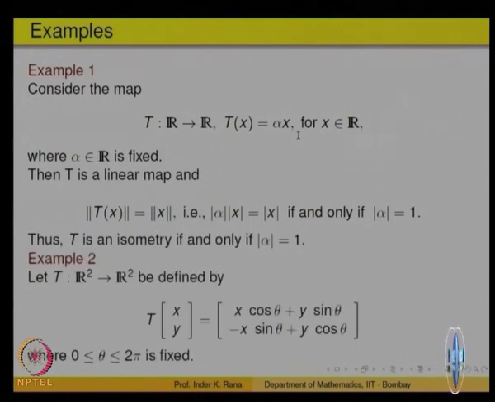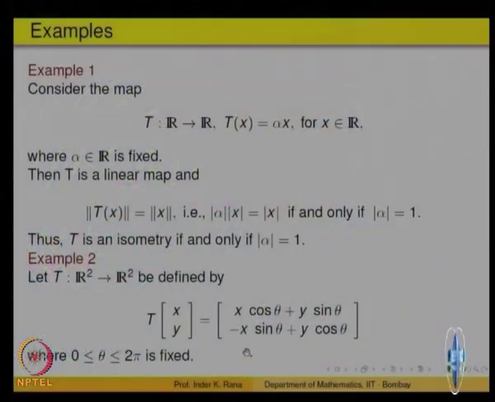Let us look at another one in the plane, R2 to R2. T of x y is x cos theta plus y sin theta, minus x sin theta plus y cos theta. Do you recognize this? We had looked at this example when we looked at matrix multiplication as a linear transformation.